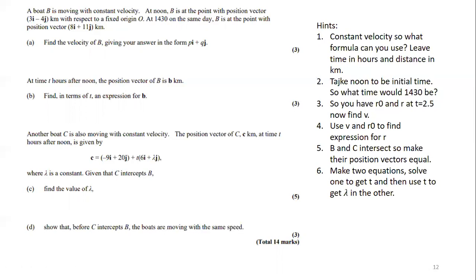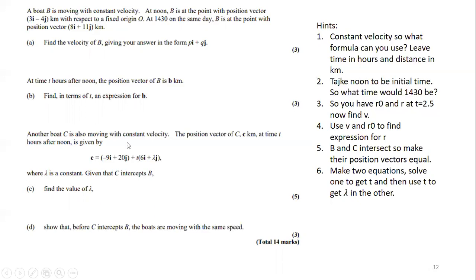Then the last bit, show that before C intercepts B, the boats are moving with the same speed. Well, you could cheat, first of all, to get the speed. Remember, you could get the velocity. You've got displacement, so you could differentiate that to get the velocity, and then take the magnitude to get the speed.